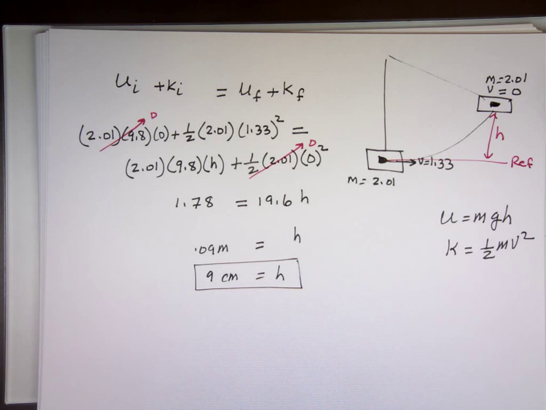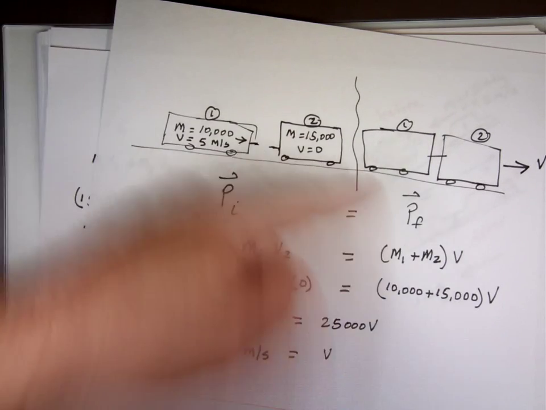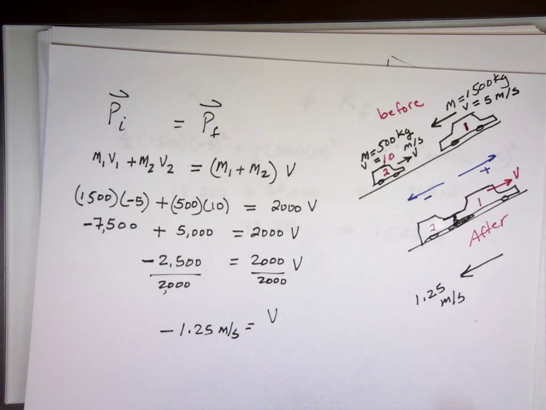One more thing on this, then we're done with this section: every example I did with inelastic collisions here was one dimension. Notice, one dimension, moving to the right, moving up and down this road, that's one dimension.